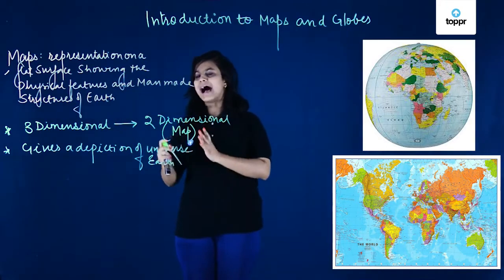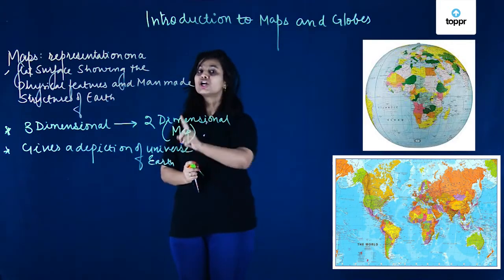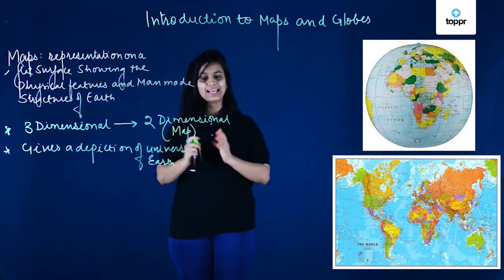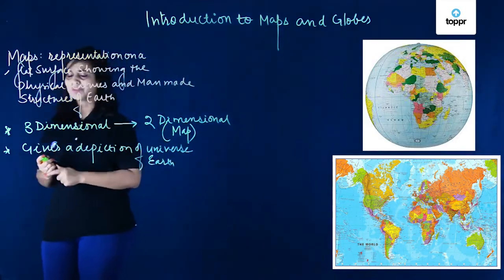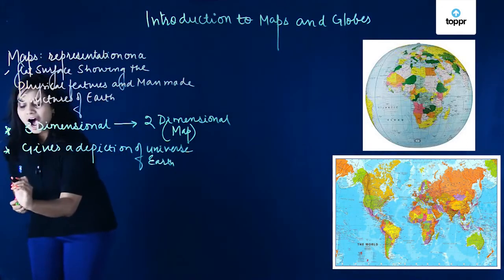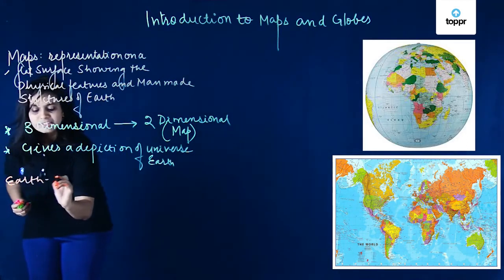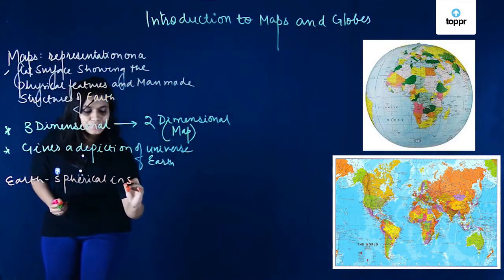So student, map is known as the flat representation on the paper of the earth's structures and surface in a 2D image, right? How far globe, how we should define the globe now? Globe is doing the same task. Why? We see our earth is spherical in shape, right?